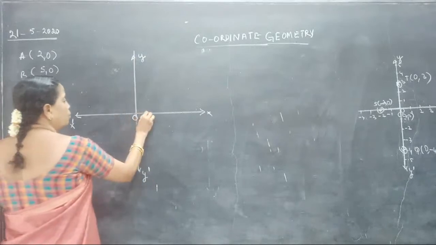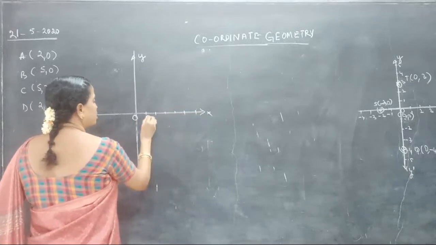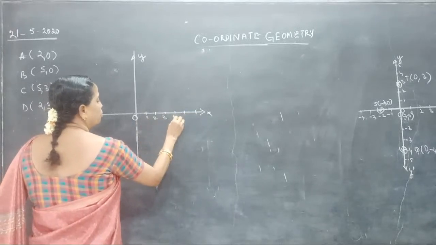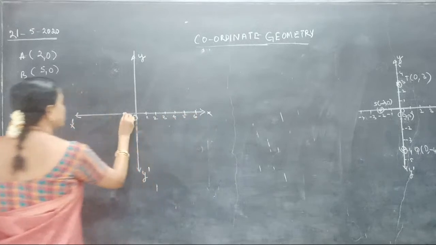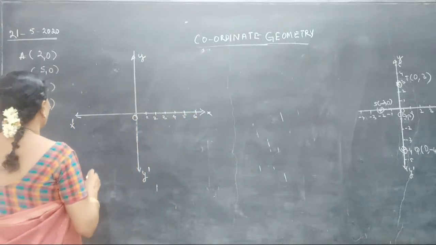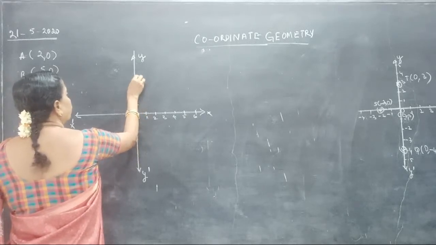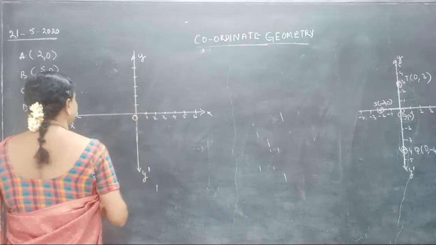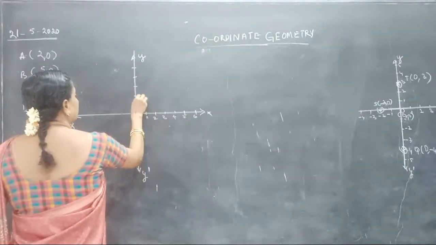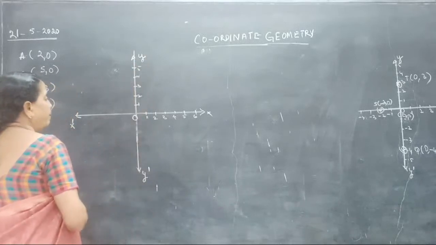So now 1, 2, 3, 4, 5, 6. Name positive. Next, there is no negative value, so we consider only positive. Again, 1, 2, 3, 4, 5. Okay.